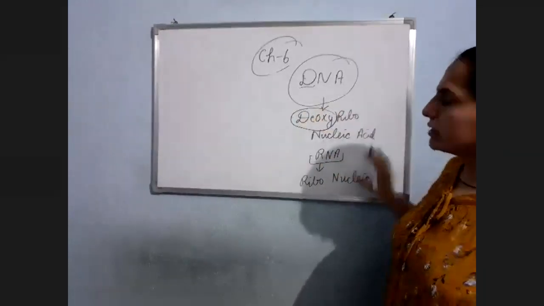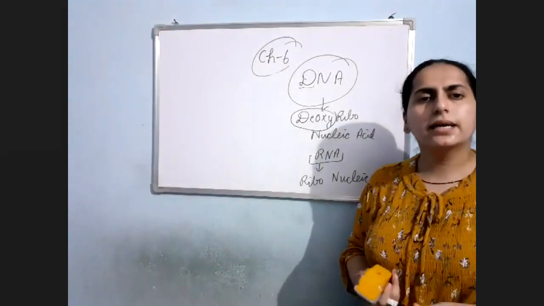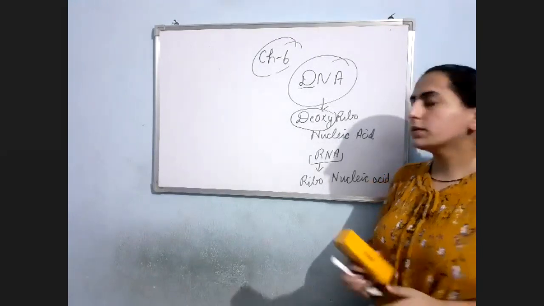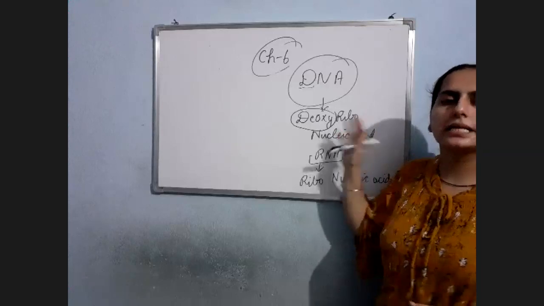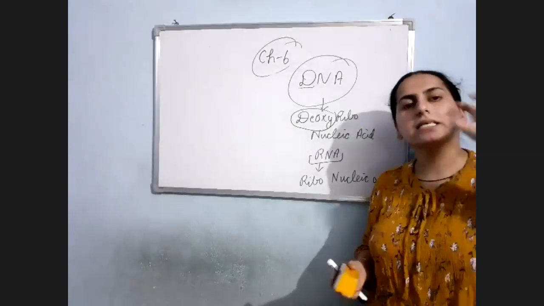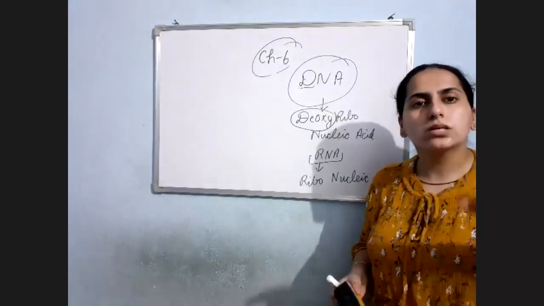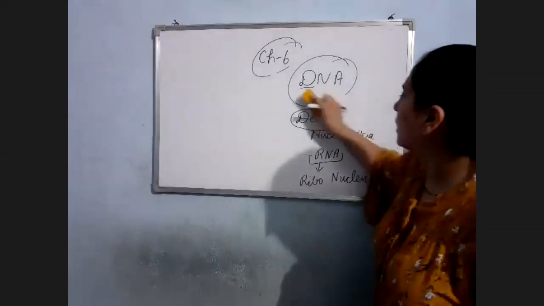Deoxy. Otherwise, the rest is the same. Now, do you know what is the meaning of deoxy? De means remove. Oxy means oxygen. So basically, what is there in deoxyribonucleic acid? At the second place, oxygen is not there in the pentose sugar. We shall study the structure. You will get to know there what I am trying to say.